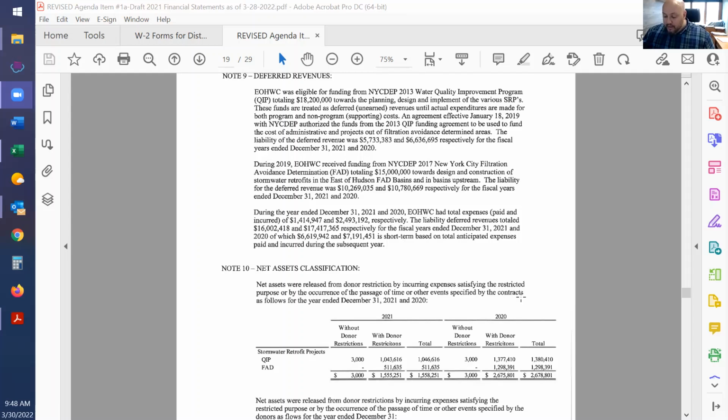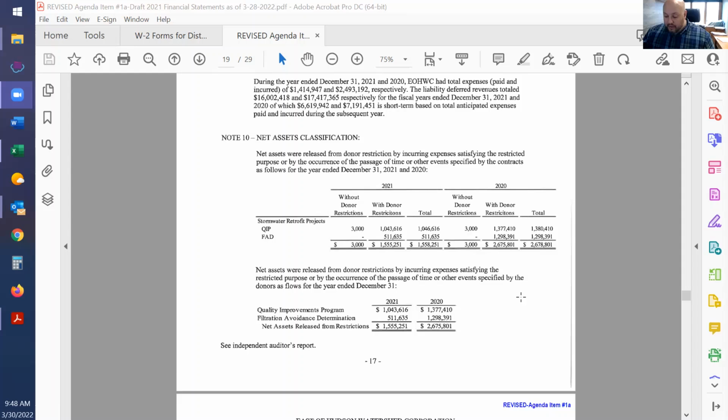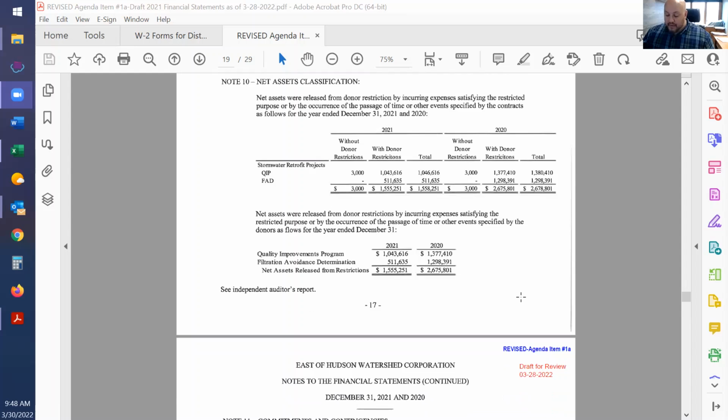Down below on the net asset reclassification, this is just basically a reclassification of the retrofit projects between the FAD and the QUIP. On this, again, summarizing also the net assets that were released from donor restriction, as I explained earlier on the statement of activities.